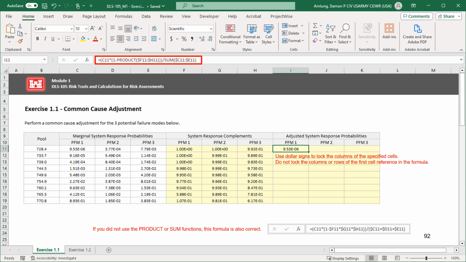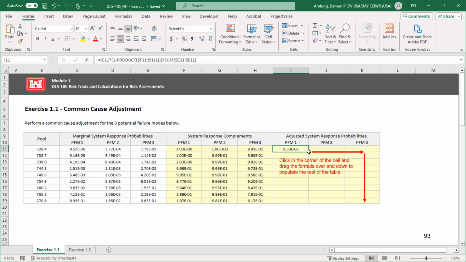Again, if you did not use the product or sum functions, you're still good, and the formula with the $ signs in the appropriate place will be what you see in the bottom right. Now with that complete, we can click the square in the corner of the cell, drag the formula over, then down to finish out the rest of the table.